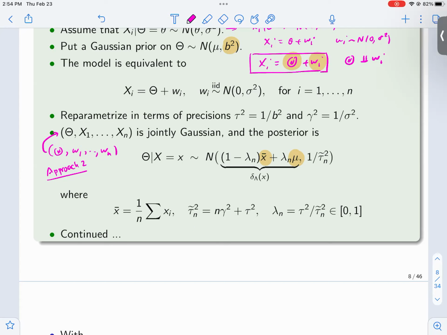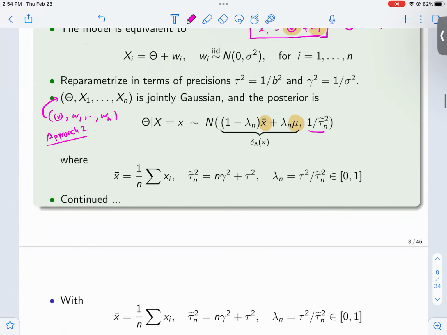The other thing to note is that this precision is really getting high. So your variance is shrinking. So what happens is originally you had a mean here, and maybe you had a diffuse prior that has a precision tau.